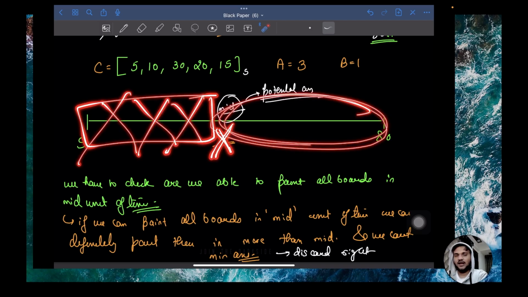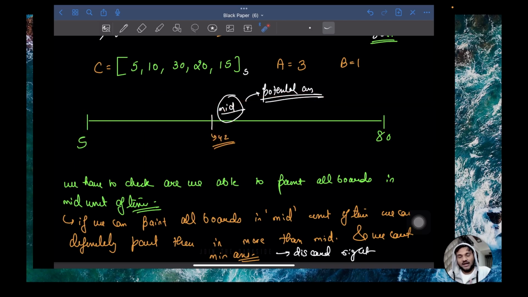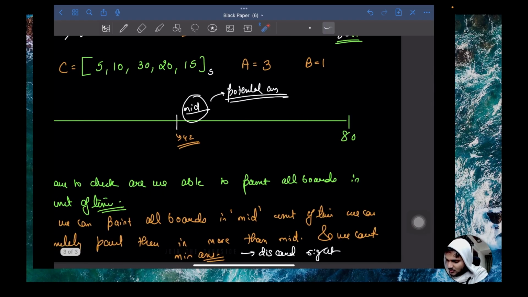But we are not sure about the right half. On the right half, you might have some values which are not possible answers, and you might have some values which are possible answers. Can I say that? So let me write this also.